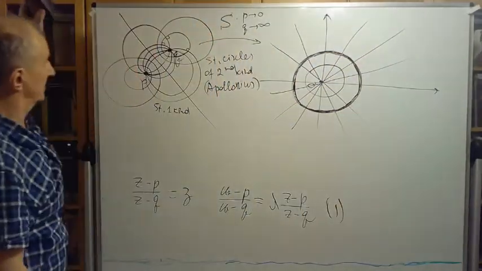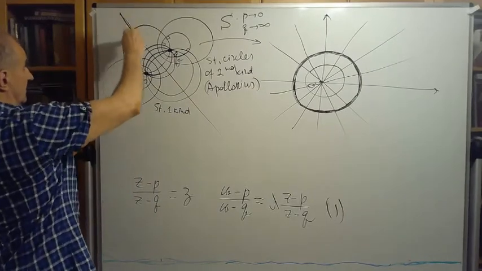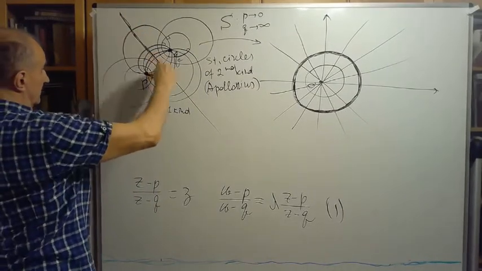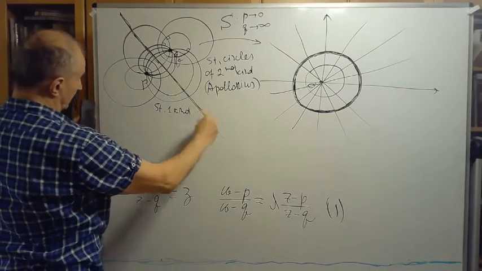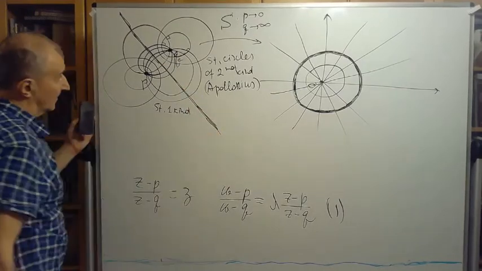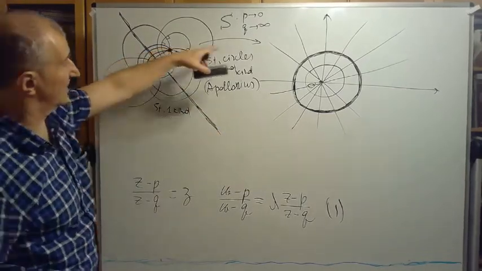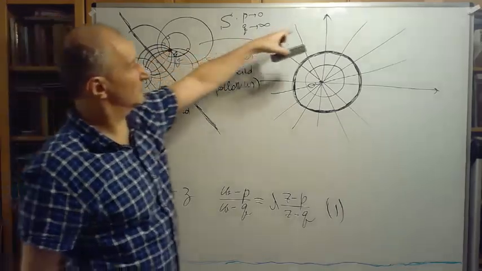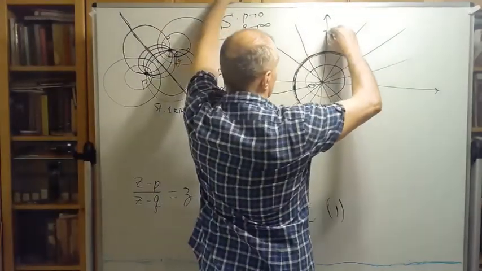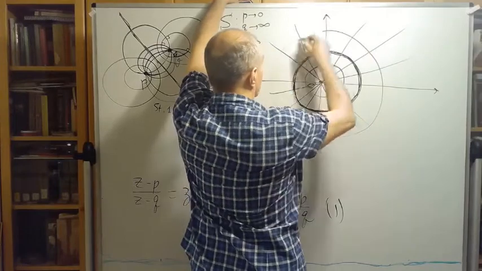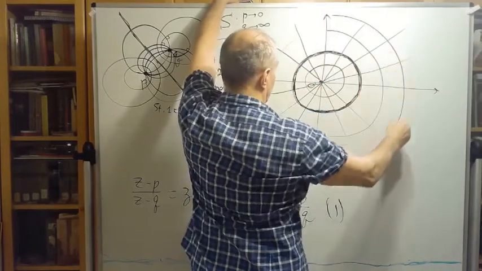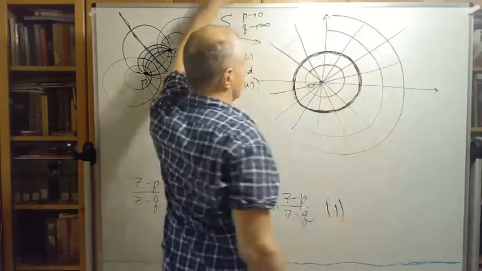Yes, this is the line right in the middle. So these other circles are surrounding Q, so they will surround infinity. It will look like they surround the origin as well, but essentially these are circles around the infinity.